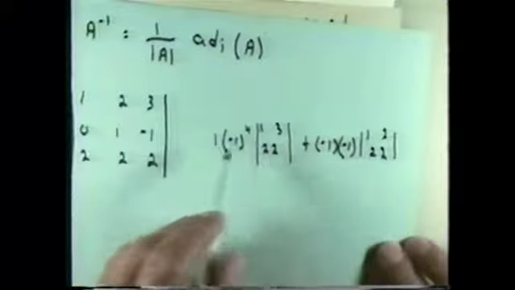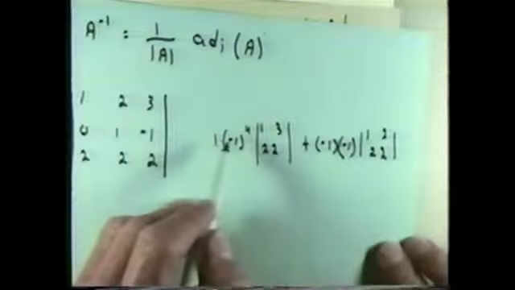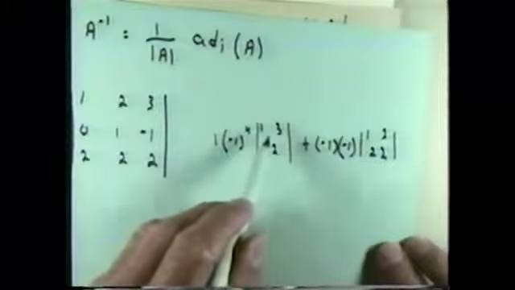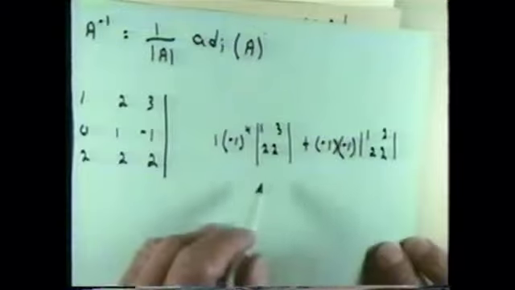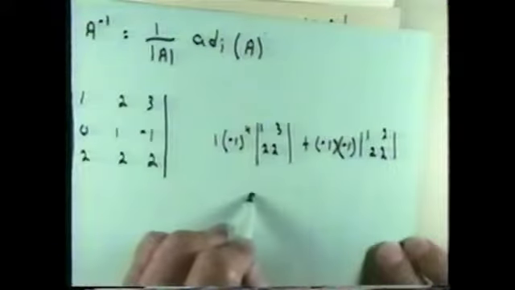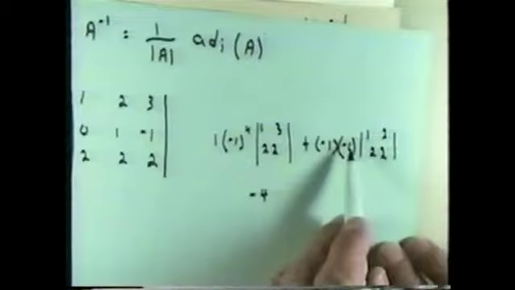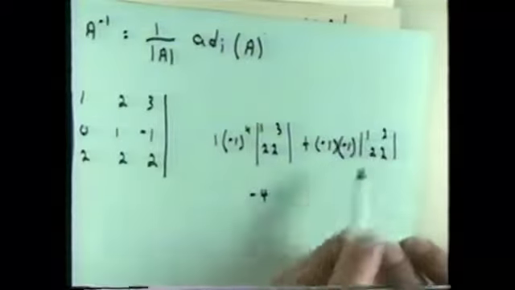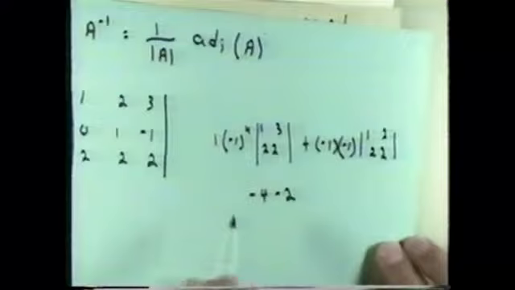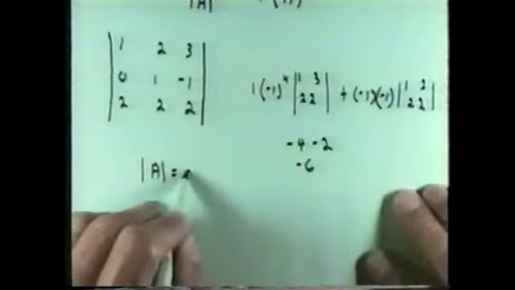Now this is a positive for the negative 1 to the 4th, so it would be 2 minus 6 is negative 4. Now negative times negative is positive, so it would be 2 minus 4 is negative 2, which is negative 6. So the determinant of A is negative 6.